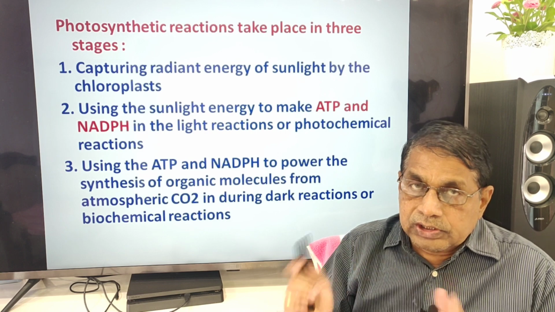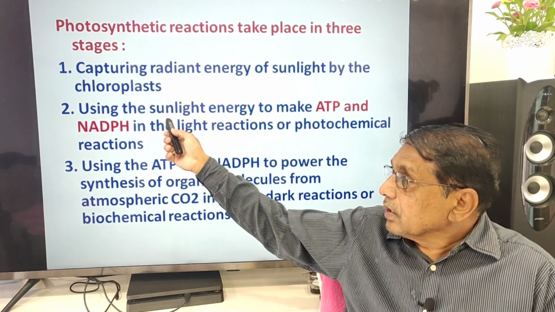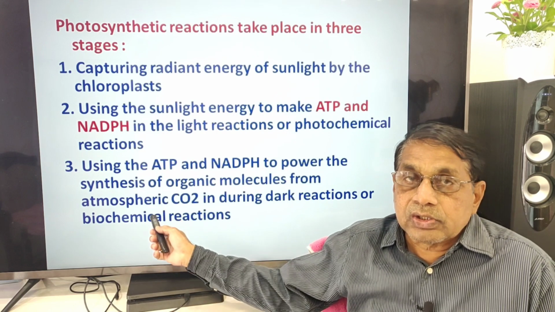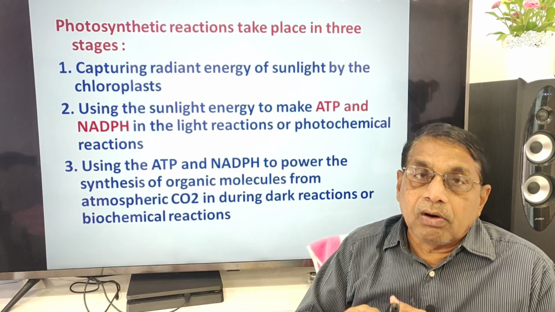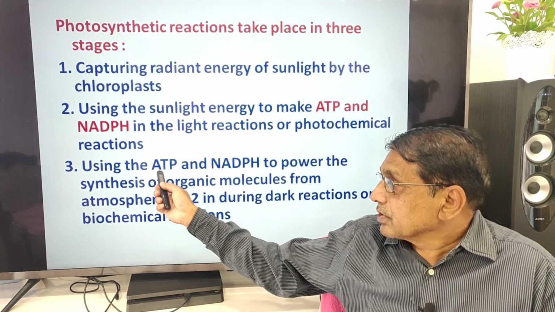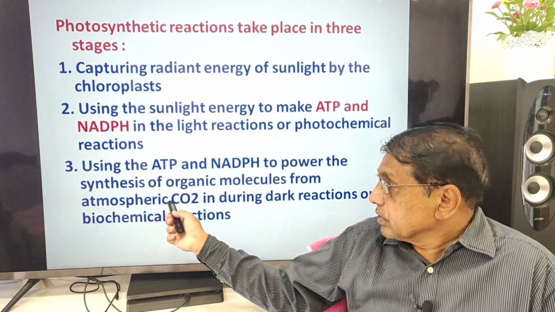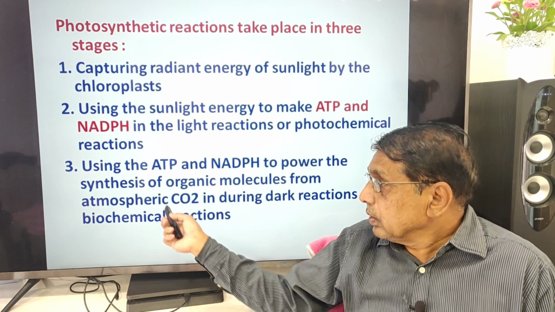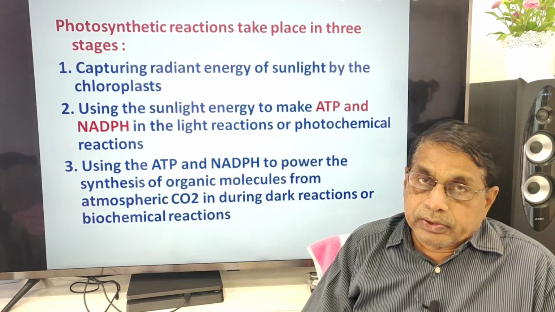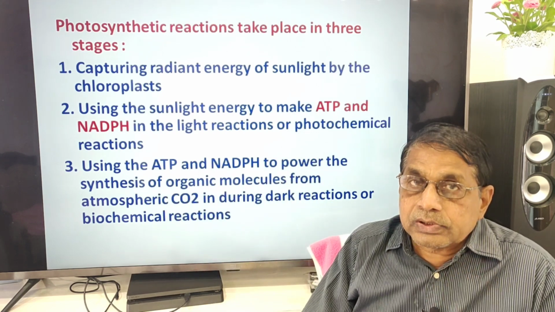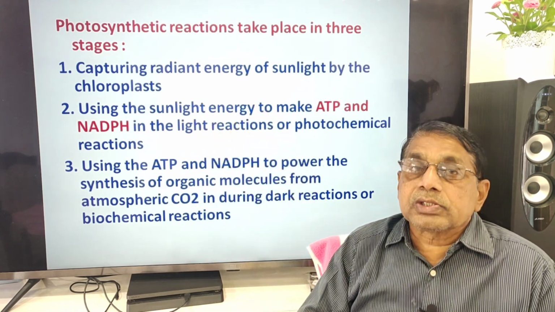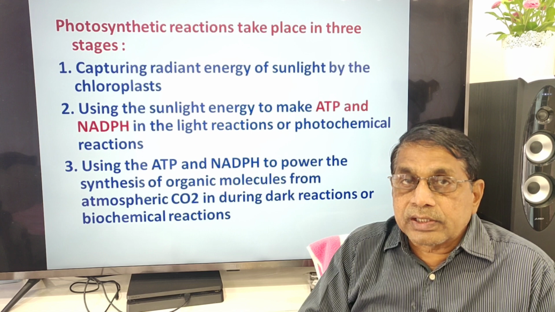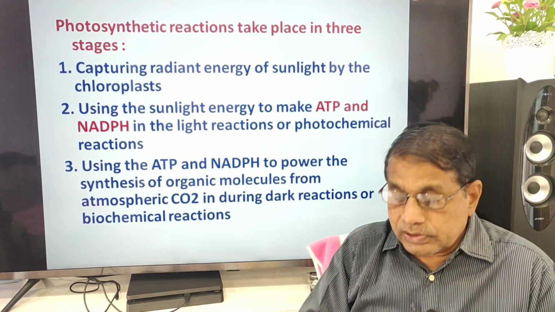So thus 3 stages: these 2 stages in the light phase reactions, and this is the dark phase reactions, that is either the Calvin cycle or C4 cycle. Carbon dioxide, which is in the oxidized state, is reduced to glucose, an organic molecule. For that purpose, the assimilatory power is required. The assimilatory power is synthesized during the light phase reactions, the photochemical reactions.